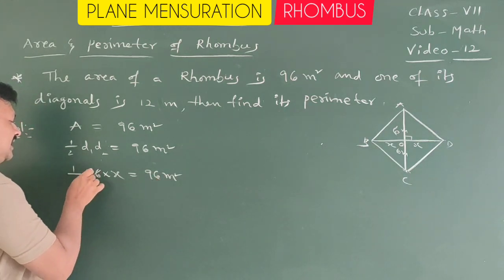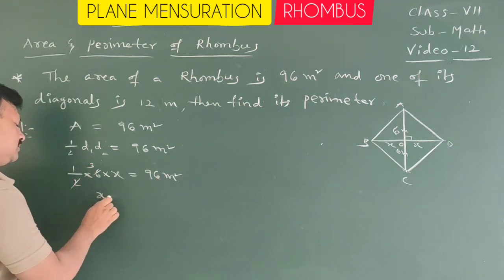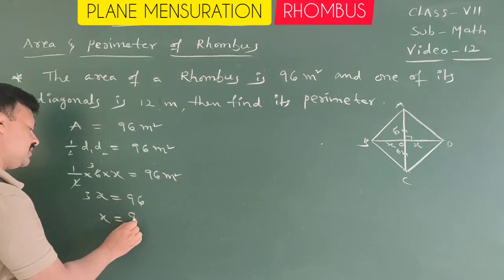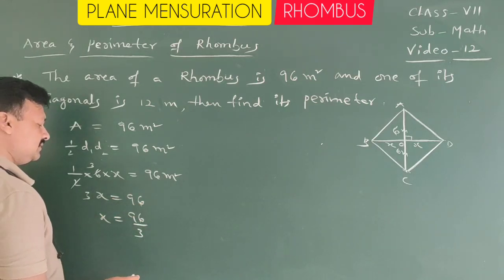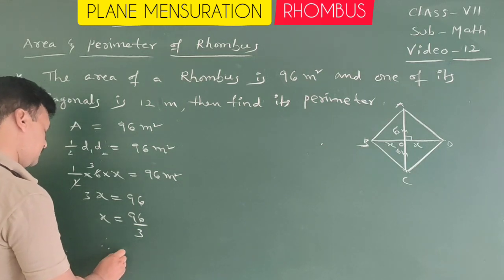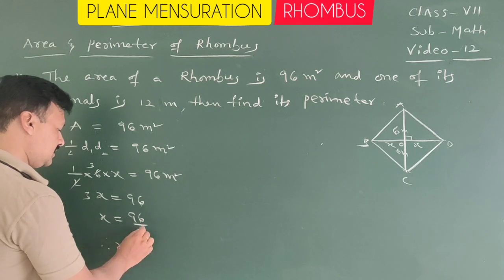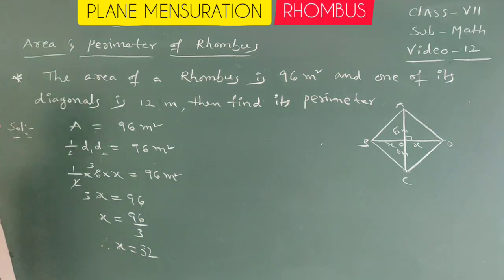So here 3x equals 96. x equals 96 by 3. Therefore, x equals 32.